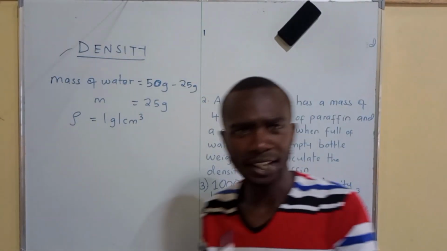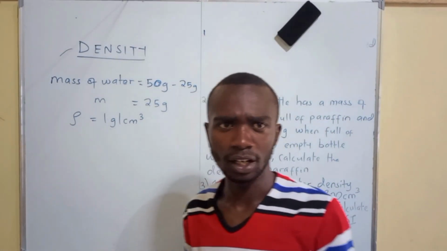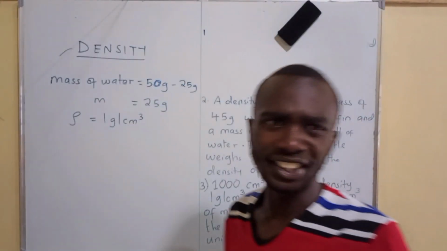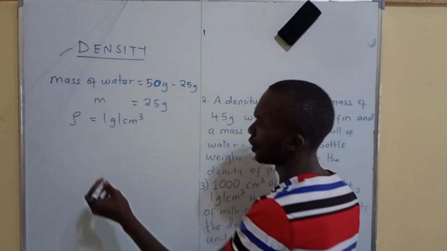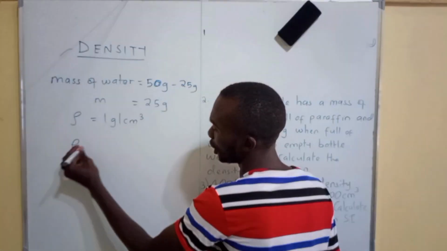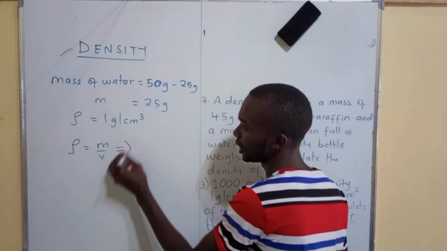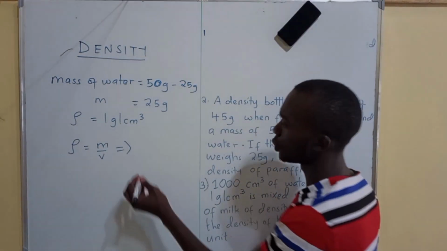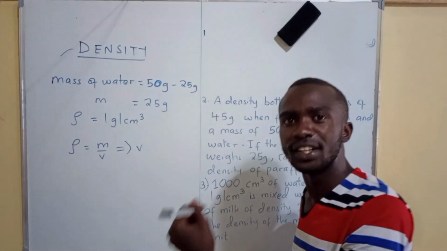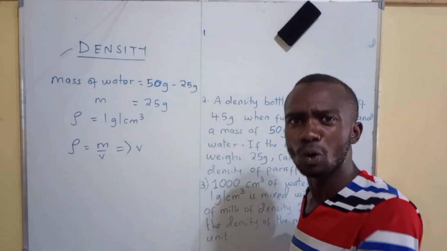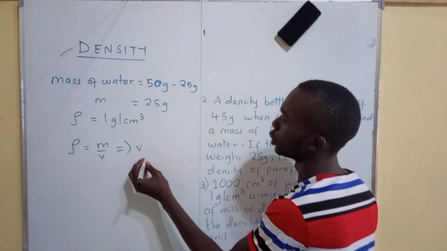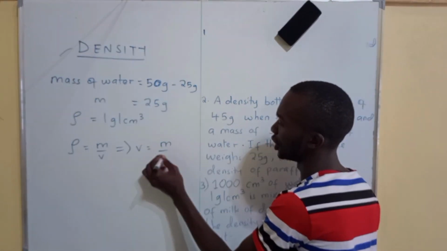Now, using the mass and the density of water, we can get the volume of water inside the bottle. From the formula, density rho is equal to mass per unit volume. So the volume of this water, which is the volume of the density bottle because the density bottle contains this water, is equal to mass over density.